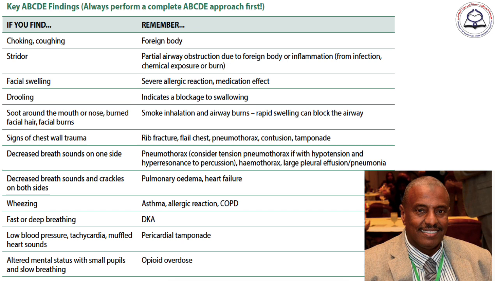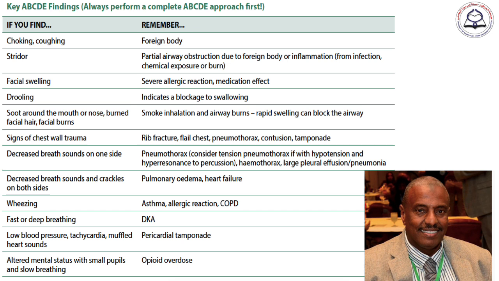Chest wall trauma can happen following rib fracture or if there is a flail chest or pneumothorax. Decreased breath sounds on one side can point to hemothorax or pneumothorax. Hyperresonance goes with pneumothorax. Dullness goes with hemothorax. Pulmonary edema and heart failure manifest by crackles and hypoxia.